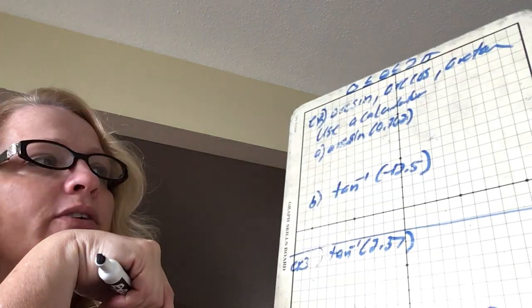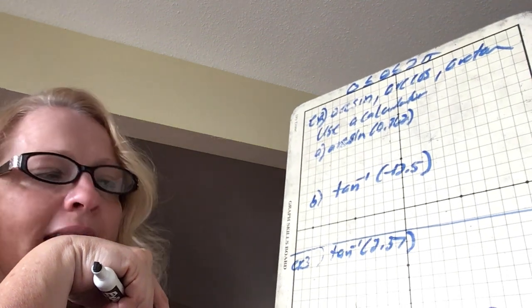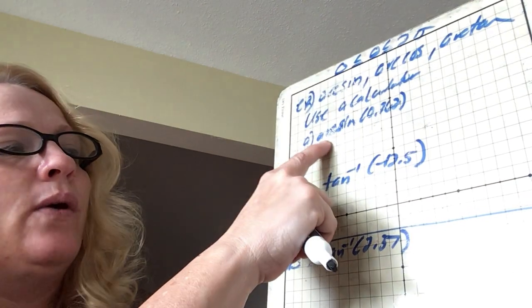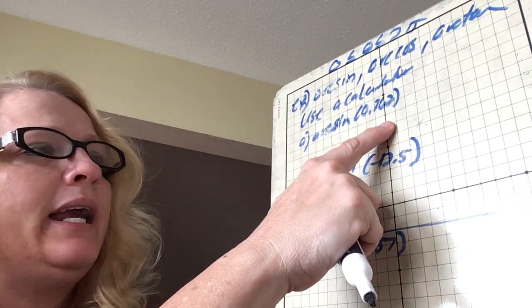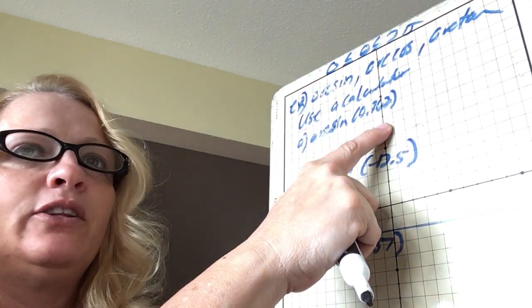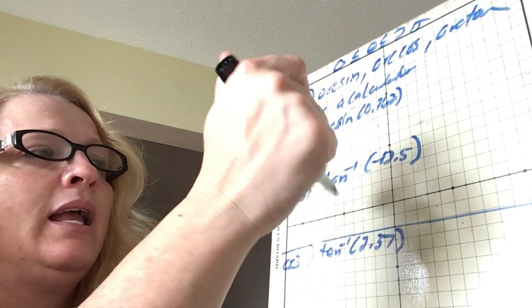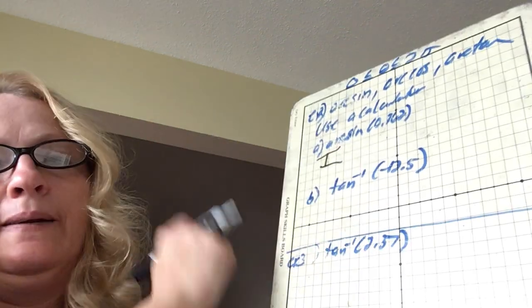Now, I would like you to take out your calculator because not everything is a nice angle like we've had in the past. Examples. So if I have arc sine of 0.362, go ahead and put sine inverse of 0.362. Fortunately, I don't have my calculator with me. Now, that is going to give me an angle in quadrant 1.